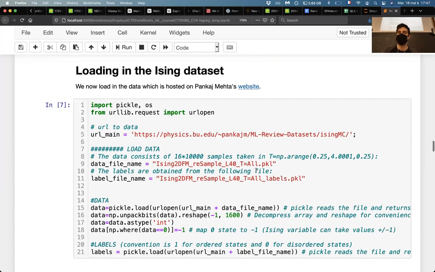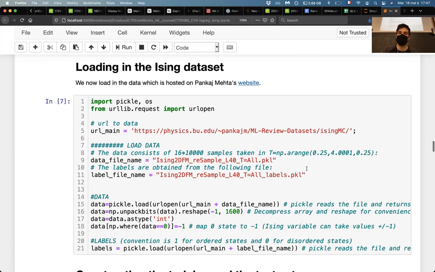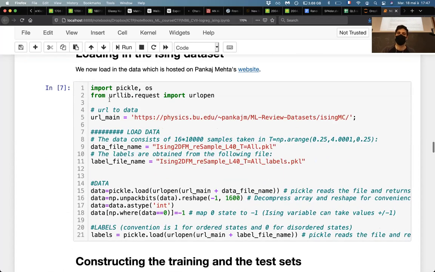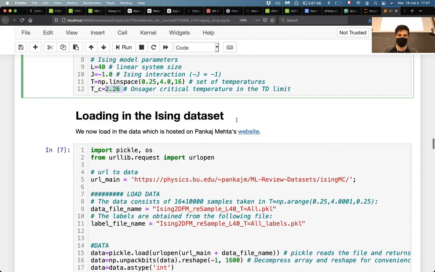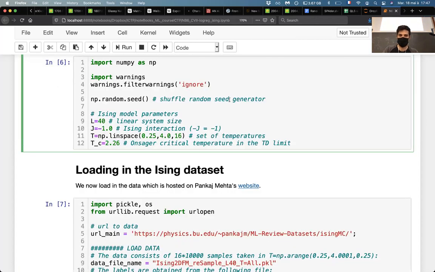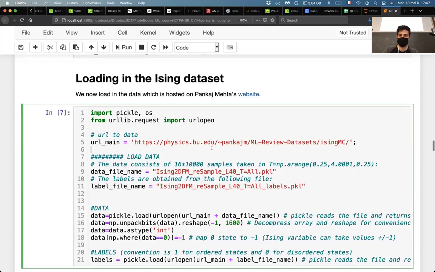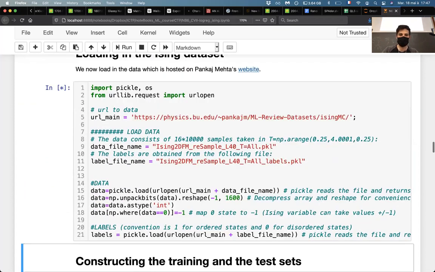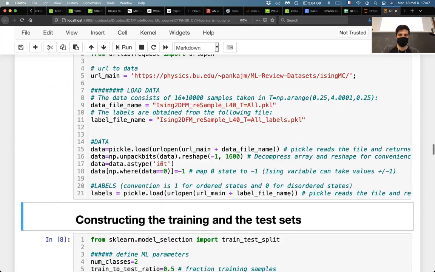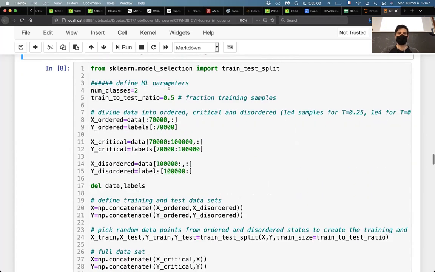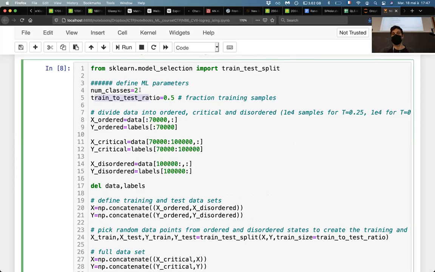These people are nice, they did it for us. Okay, so we'll just load here the data. All that is just to load the data from internet. Okay, so I will run everything up. Here I'm loading the data. Okay. And here I'm setting up my classification task. The number of classes is 2.